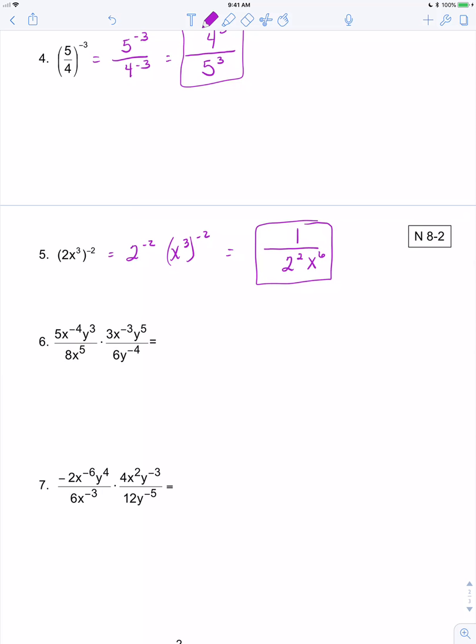Okay, so now let's see what we have here. All right, so 5x to the negative 4, y cubed, over 8x to the 5th, times 3x to the negative 3, y to the 5th, over 6y to the negative 4.